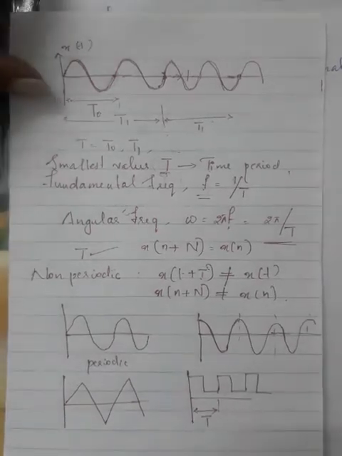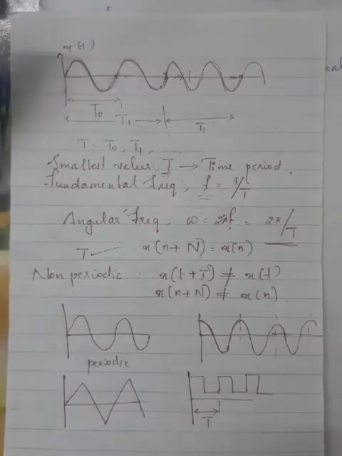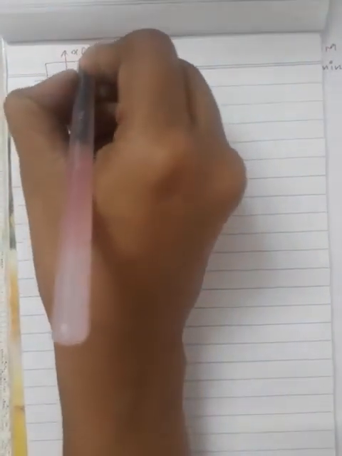Now let's see what is an example for non-periodic. If we draw a signal like this, here the signal x of t exists only for this much duration. That is, the signal is not repeating.